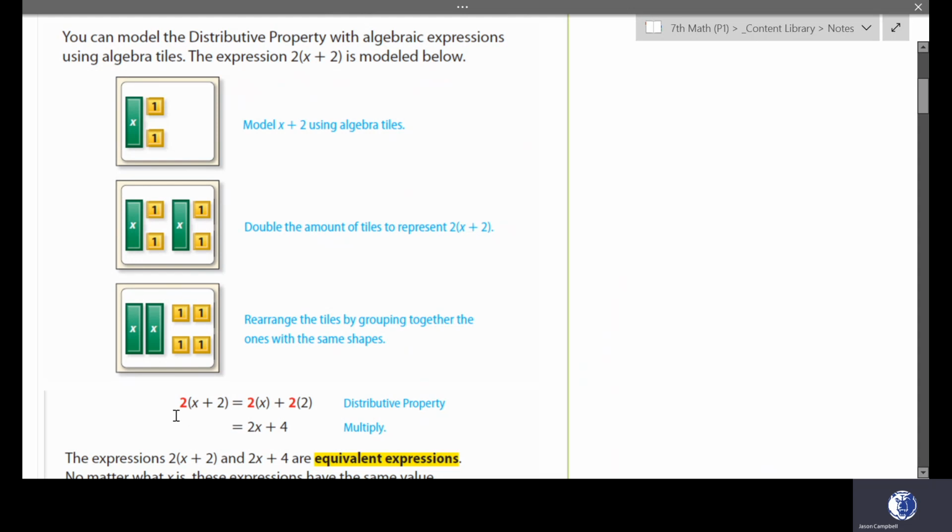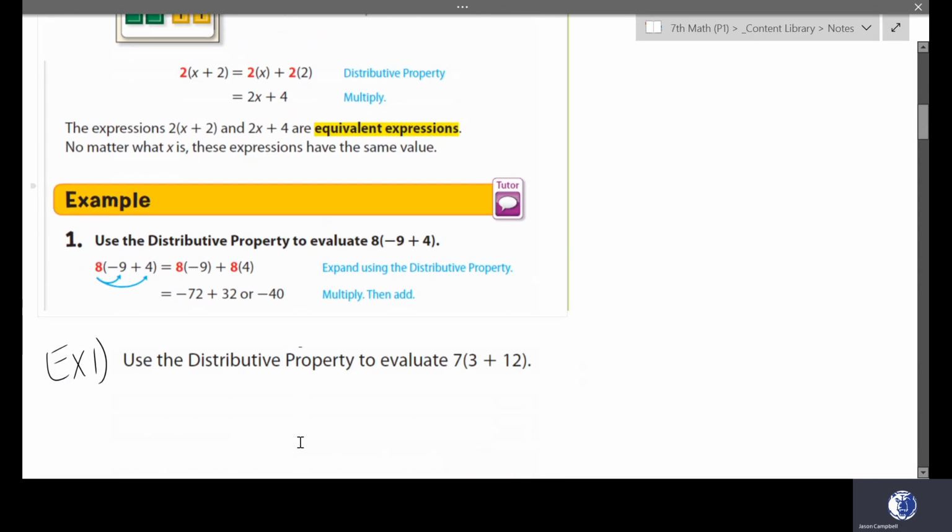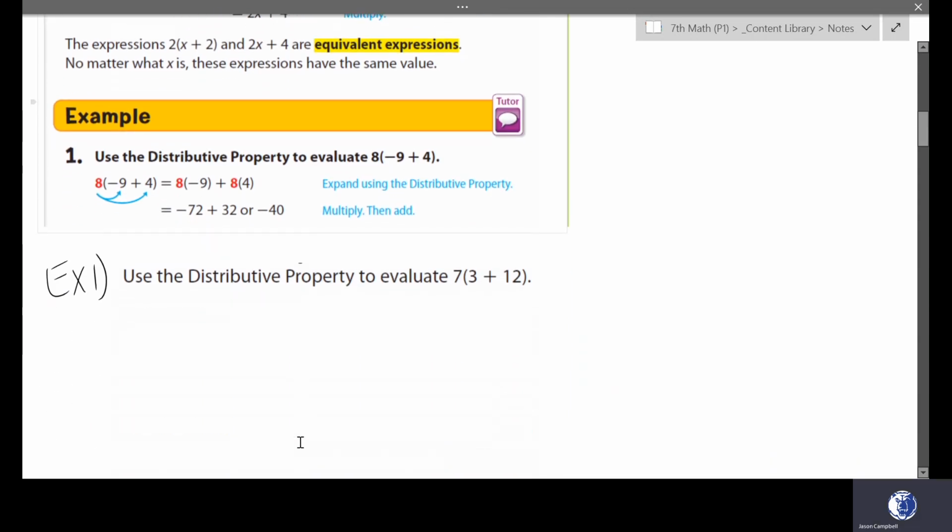So 2 multiplied by x add 2 is equal to 2x add 2 multiplied by 2, or 2x add 4. It says the expressions 2 multiplied by x add 2 and 2x add 4 are equivalent expressions. No matter what x is, these expressions have the same value.